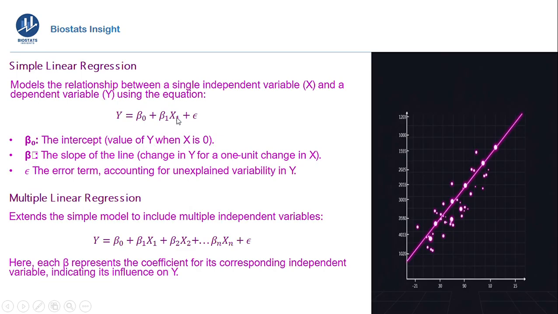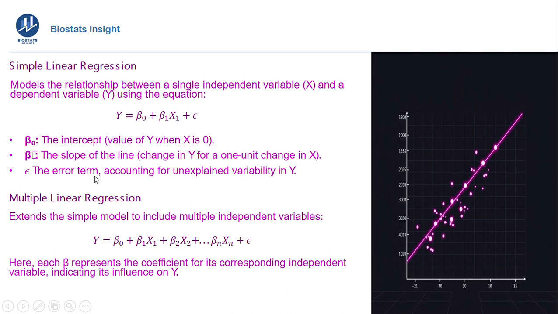If we put x equal to 0, the whole term is 0, and the error is normally distributed with mean 0 and standard deviation 1, so y equals beta 0. Beta 1 is the slope of the line, the change in y for a one unit change in x.